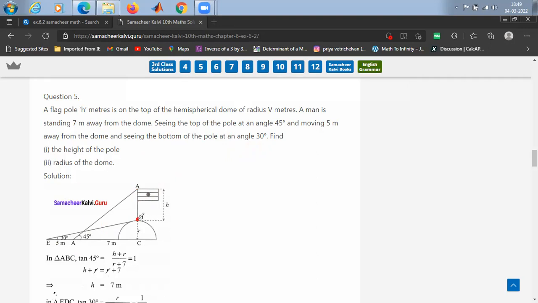So here is the bottom of the pole. Is observing that at 30 degree. Now we are asking about the height of the pole. They are asking the AD and radius of the dome. They are asking about this.